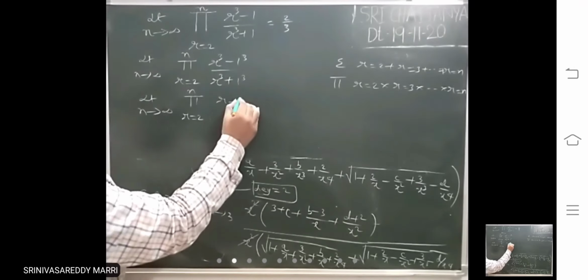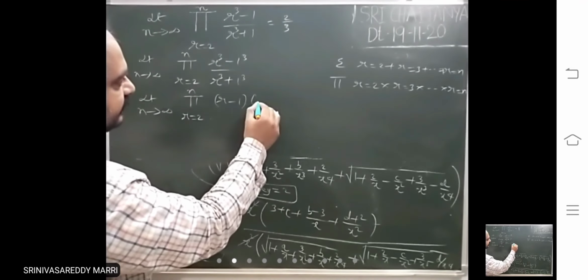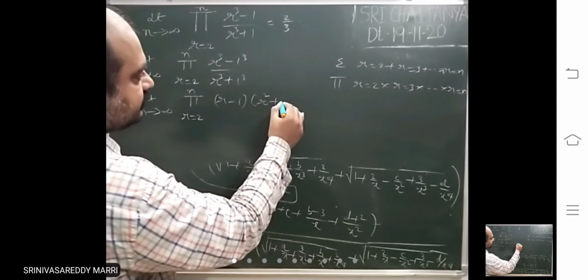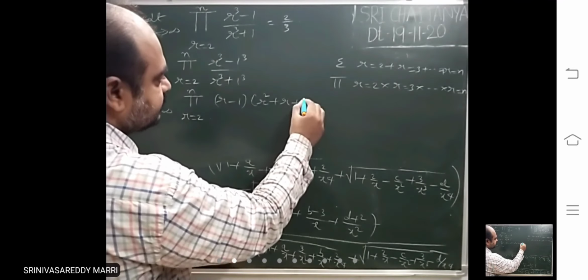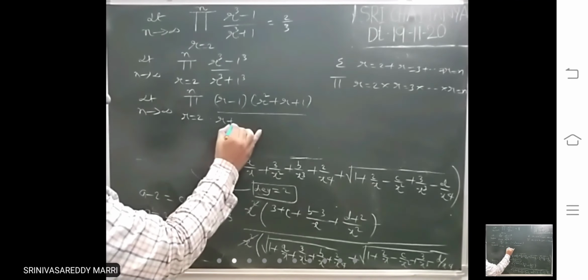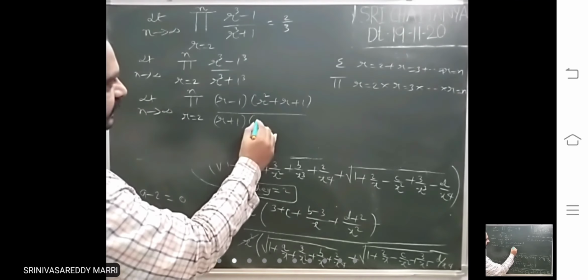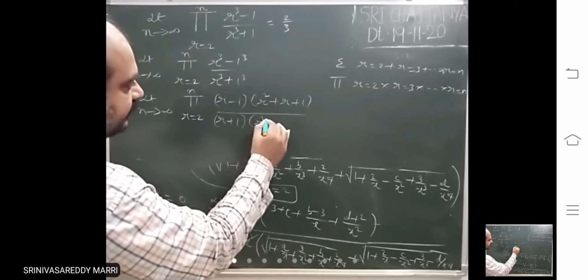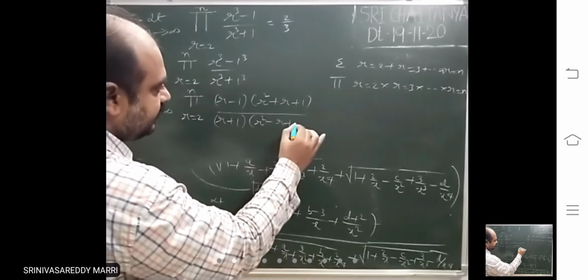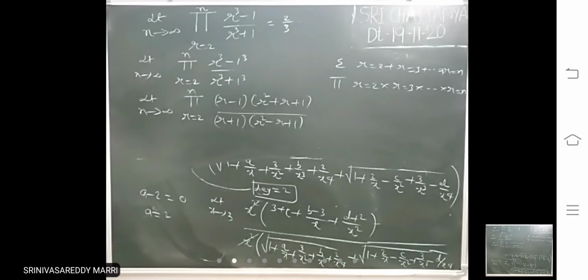So this is a minus b into a square plus ab plus b square, divided by r plus 1 into a square minus ab plus b square. Right?